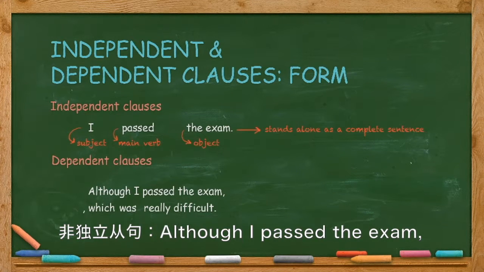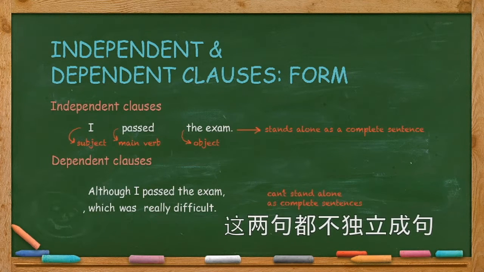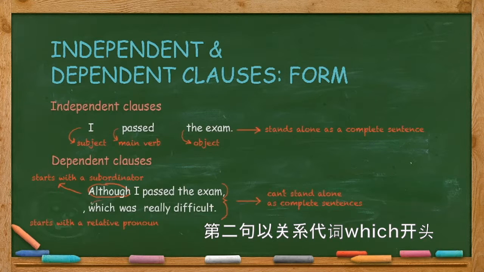And the dependent clauses, although I passed the exam, which was really difficult. These sentences can't stand alone as complete sentences. Although I passed the exam starts with a subordinator, although. And which was really difficult starts with a relative pronoun, which.